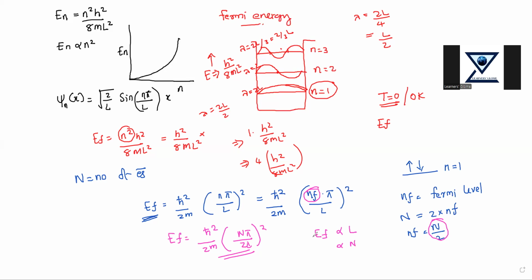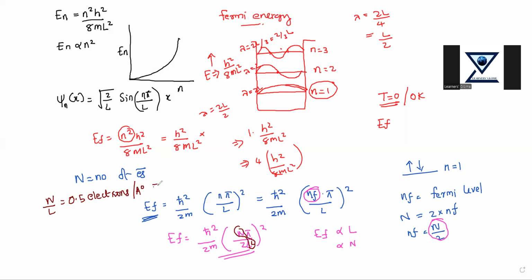So when we consider an atom, we have to find out a theoretical value for it. For an atom, the approximate value of N by L is equal to 0.5 electrons per angstrom.